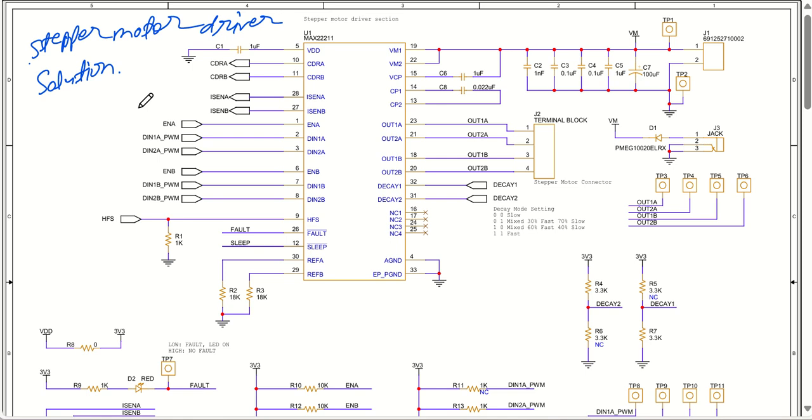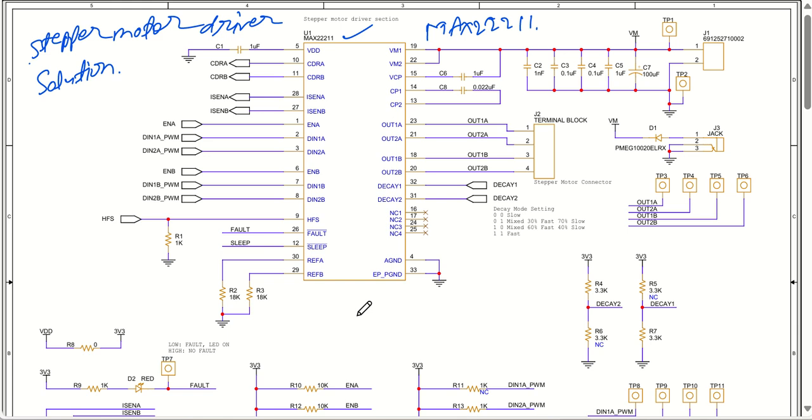So in this, what we have done is we have used a device, MAX22211, from Maxim Integrated or Analog Devices. Analog Devices has acquired Maxim Integrated. This is a very new and very powerful IC for a stepper motor driver, the MAX22211.